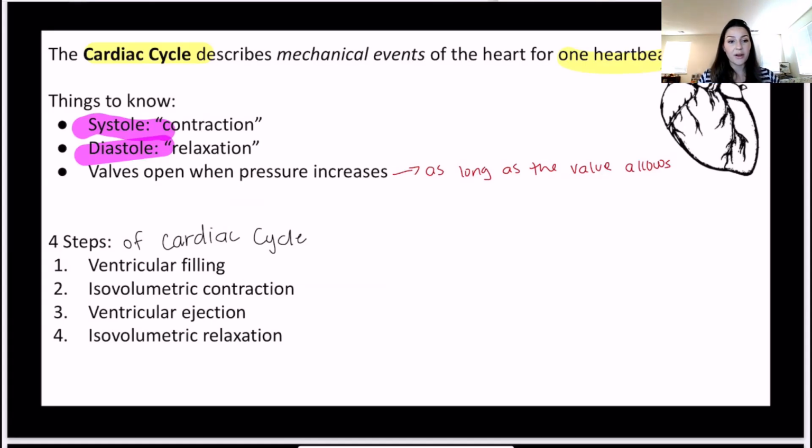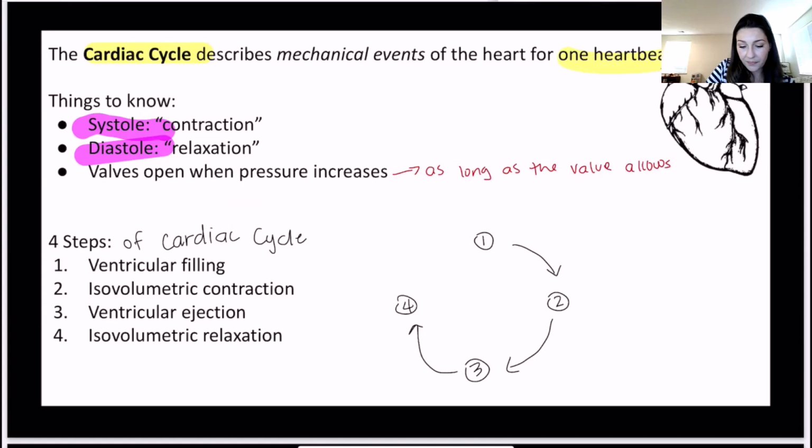So almost a better way to draw it is like step 1, step 2, step 3, and then step 4. And then it comes back to 1 again. So you have to think about all of the next slides kind of going in this cycle. It's always going to come back to 1.